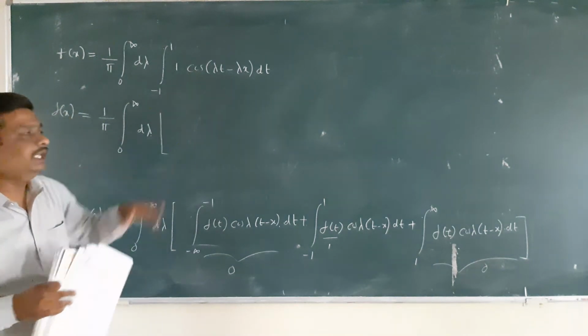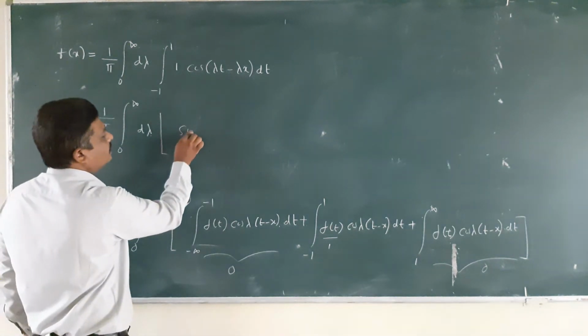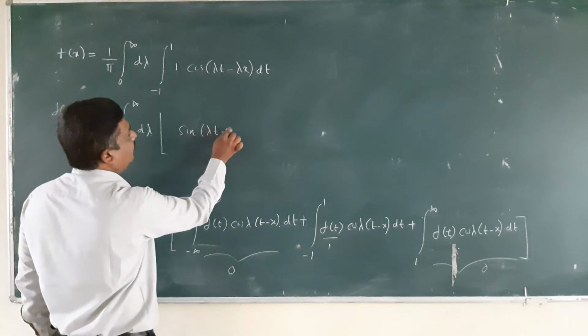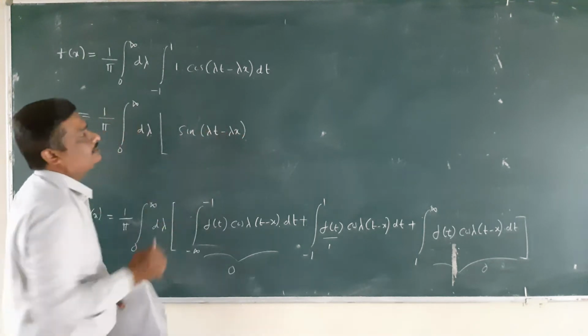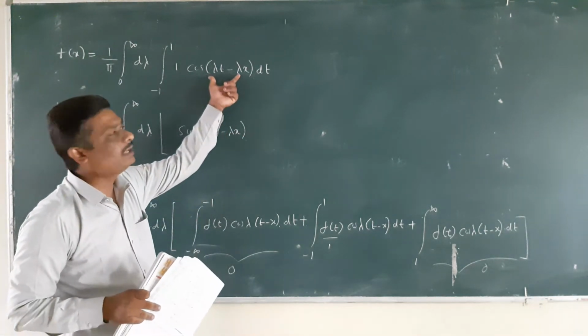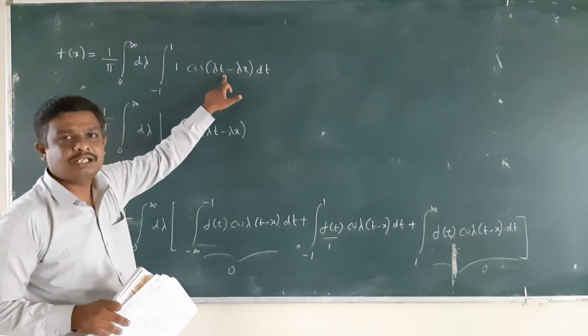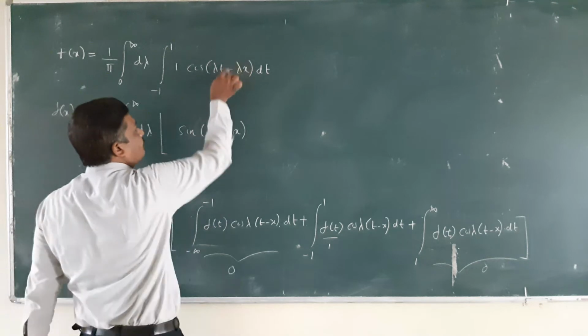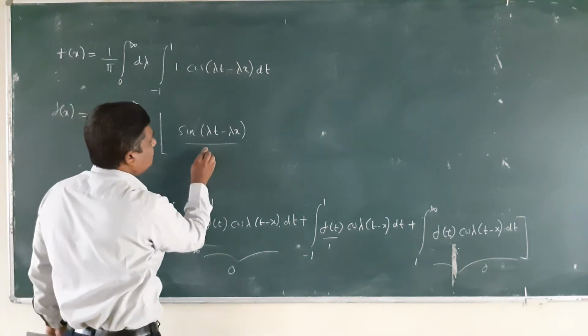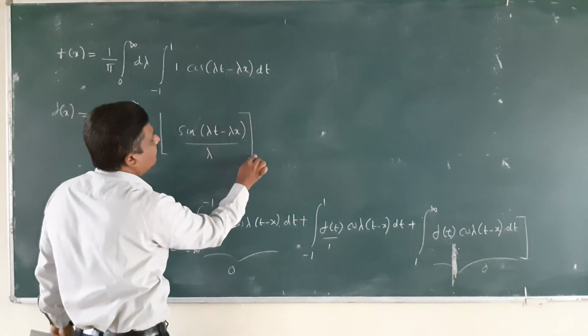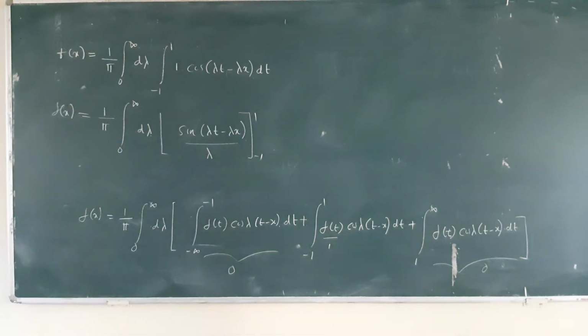Integration of cos is sine, that is sine of (lambda t minus lambda x) into the derivative of (lambda t minus lambda x) with respect to t. Derivative of lambda into t is lambda, and derivative of this one is 0. Here remaining is lambda between minus 1 to plus 1.